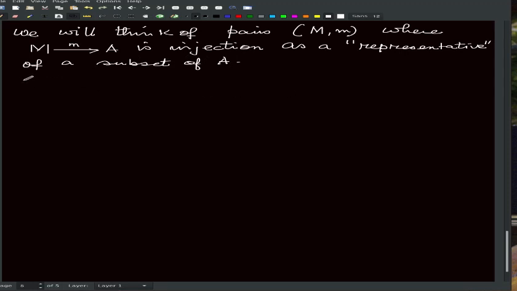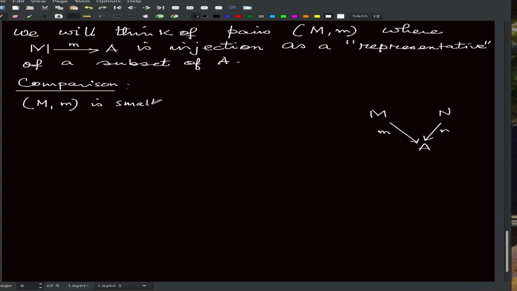So if we have comparison, we will say that M is smaller than N. Alternatively we will also say N is bigger than M. We'll in fact write this as a shorthand.